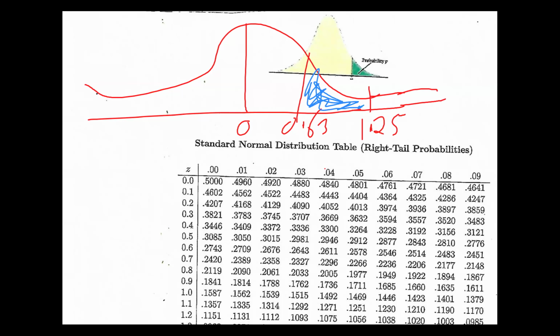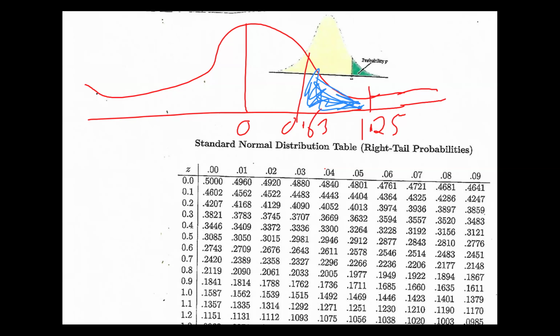Interesting. How can you find this area, Mara? Maybe we find first the probability for 0.63 and the probability for 1.25. Then from 0 going to this, the whole of it is 0.5.